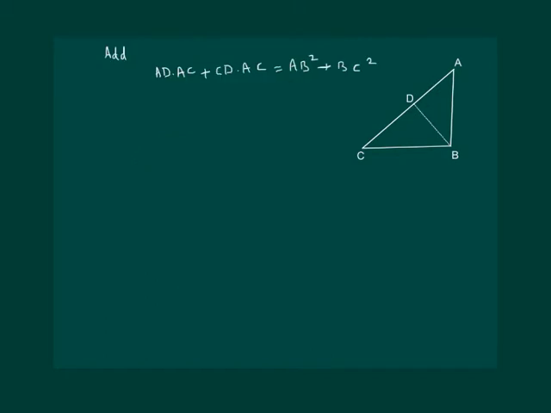From the left hand side, we can take out AC common and we are left with AD plus CD equal to AB square plus BC square.